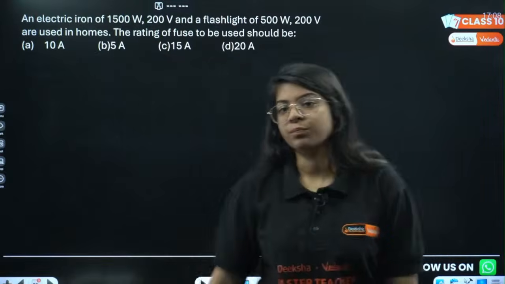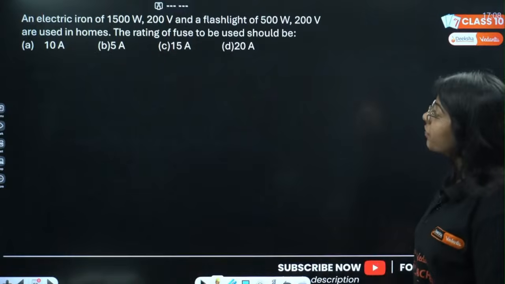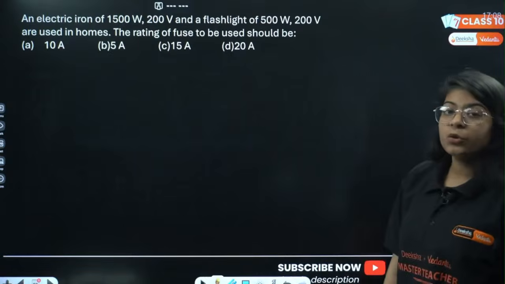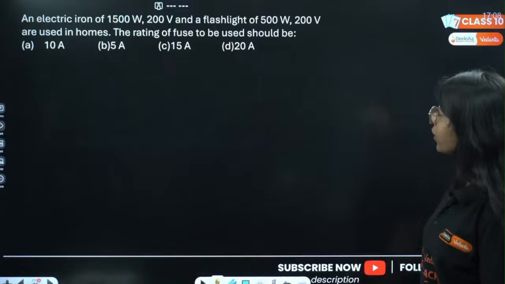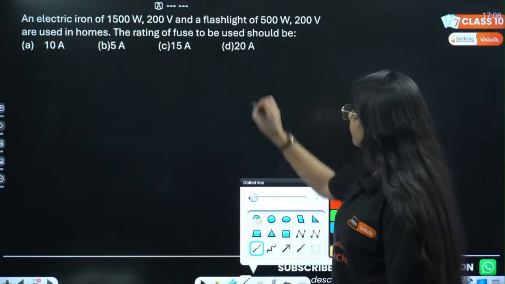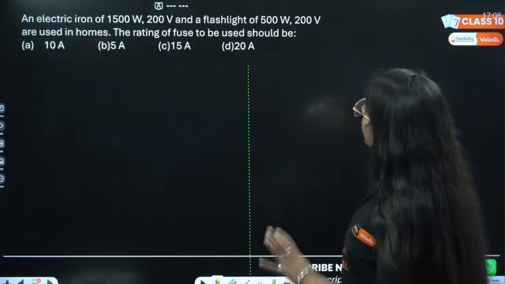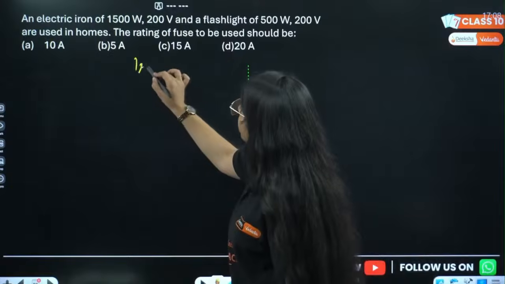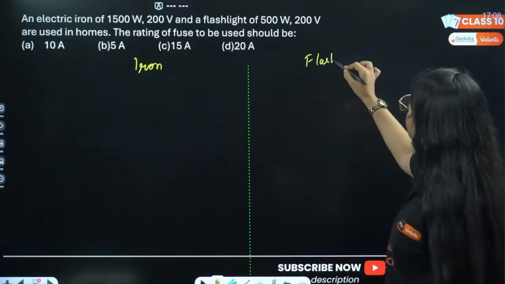Okay? Chalo. An electric iron of 1500 watt, 200 volt and a flashlight of 500 watt and 200 volt are used in homes. We have an electric iron and a flashlight.